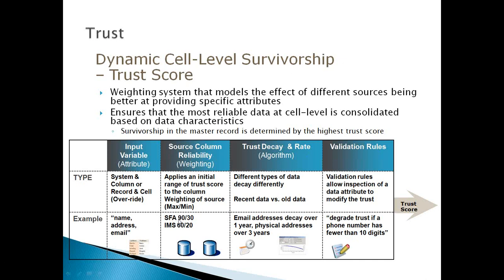Suppose the SFA system is more trusted, but it is giving me a 9-digit phone number while the IMS system is giving me a 10-digit number. Now if I have to reduce it, I have to reduce it by such a percentage that the trust score of the SFA system comes down below 60.